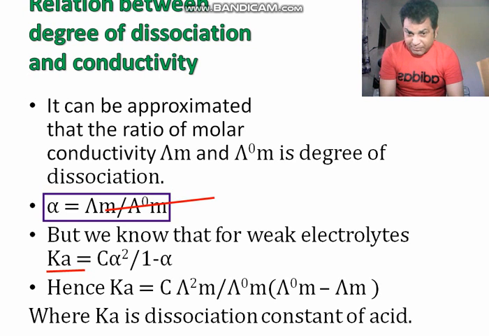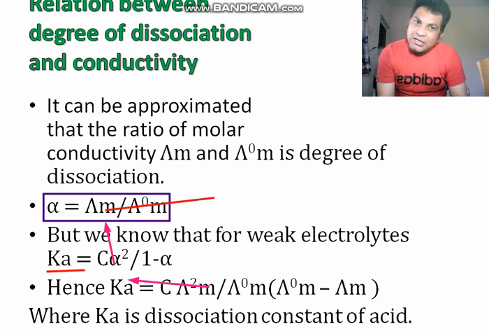So in place of alpha we are putting this value. The final answer will come like this: Ka is equal to C lambda square m upon lambda degree m into bracket lambda degree m minus lambda m. This will be the direct value to find the dissociation constant using the molar conductivity and limiting molar conductivity.